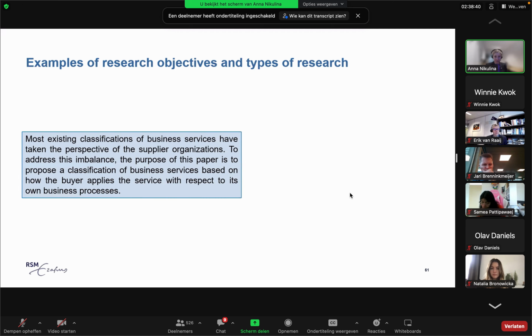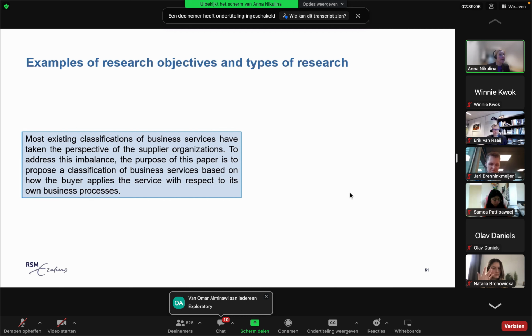Next one, about existing classifications of business services. The existing ones take the perspective of the supplier. We want in this paper to find a classification, or propose one, based on the buyer view. So how the buyers can classify services depending on their own processes. So the purpose is to develop a new classification. Exploratory.